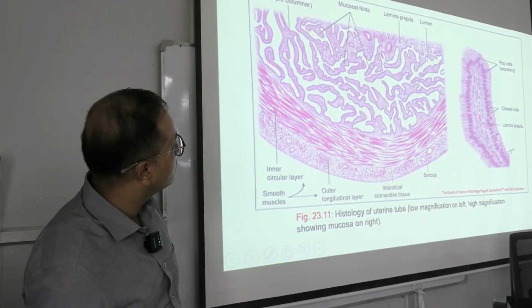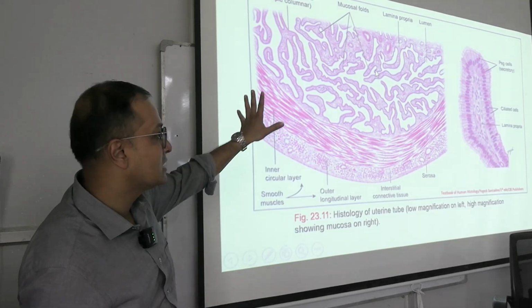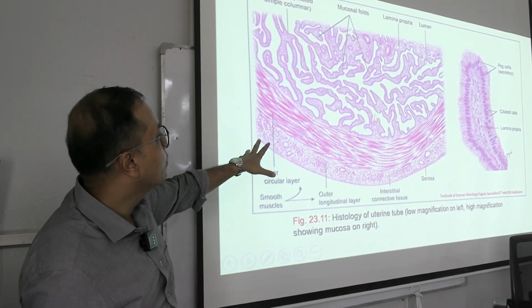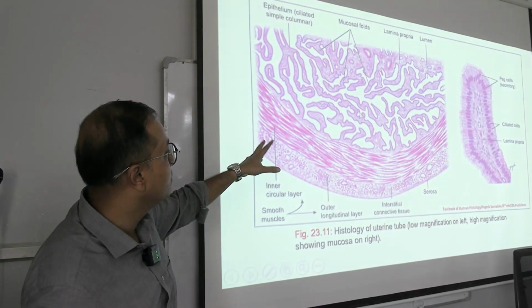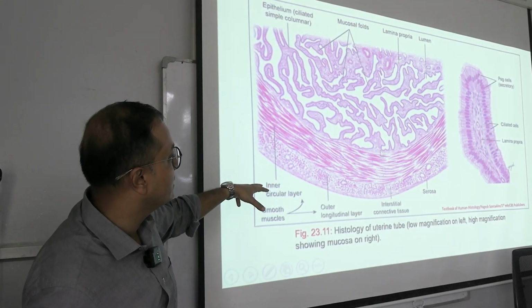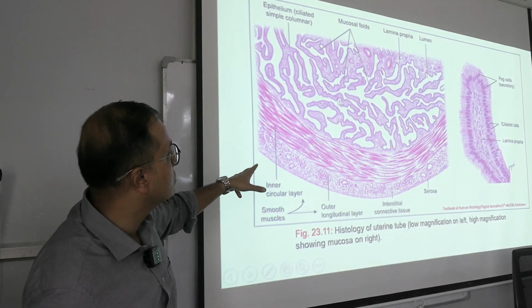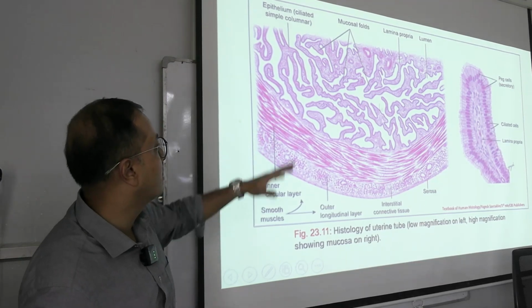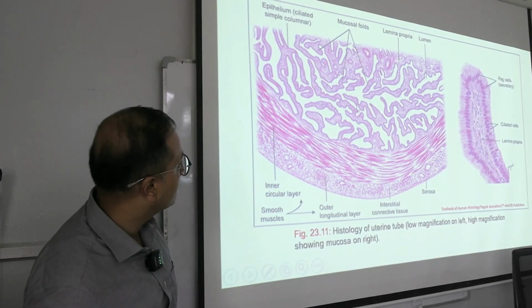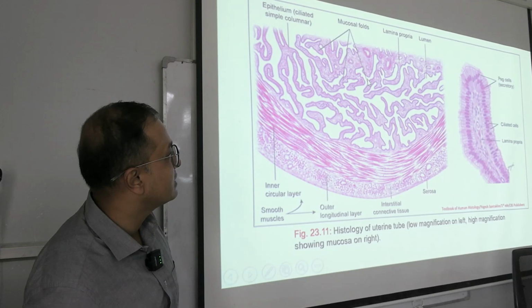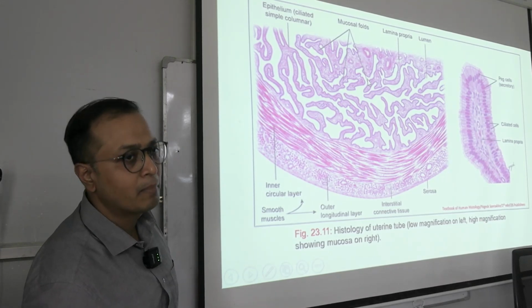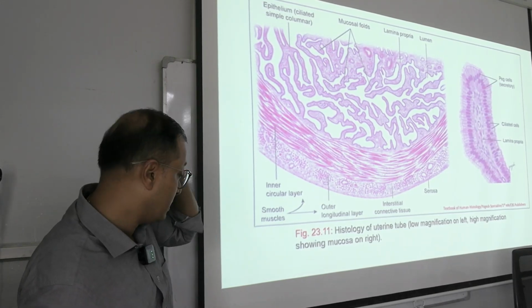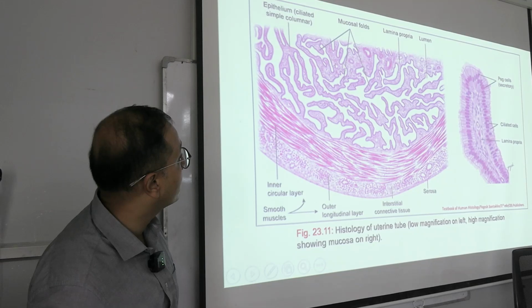This fern pattern, like fingers projecting into it, we call the longitudinal mucosal folds. This thin layer is the mucosa, and it goes into folds and elevations, just like villi projecting out. These projections give a finger-like or fern pattern appearance, just like the fern, that primitive plant.